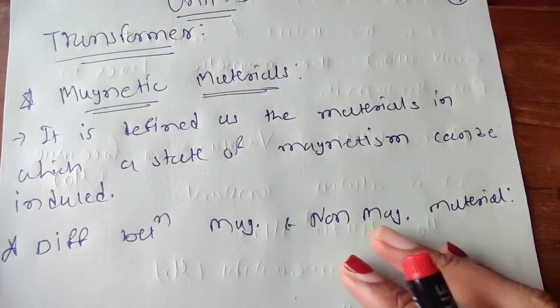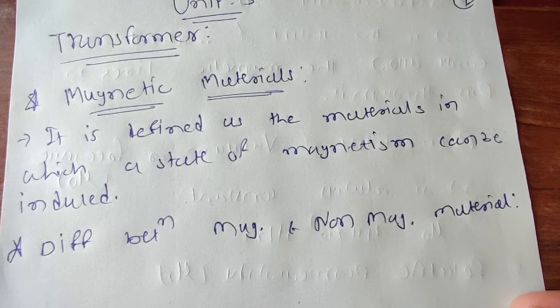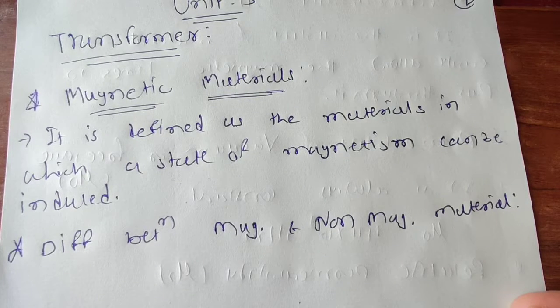In a very simple way, take a non-magnetic material like wood or plastic.